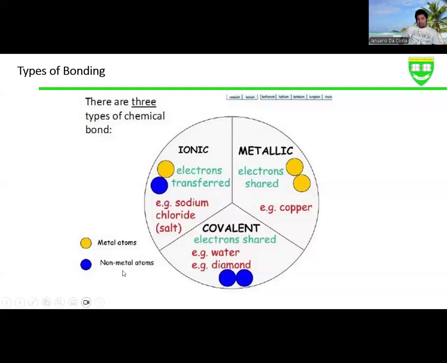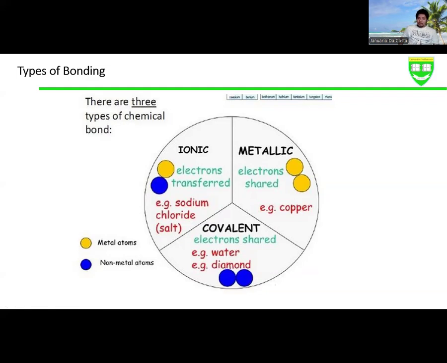Then we also have covalent bonding, where electrons are shared between them. This is the bonding between a non-metal and a non-metal.